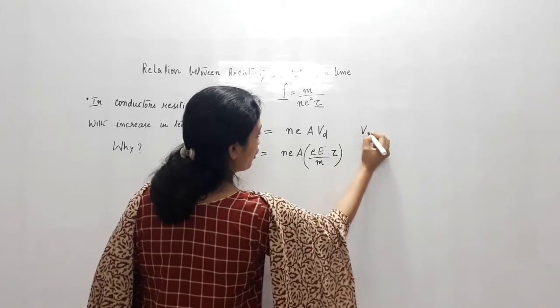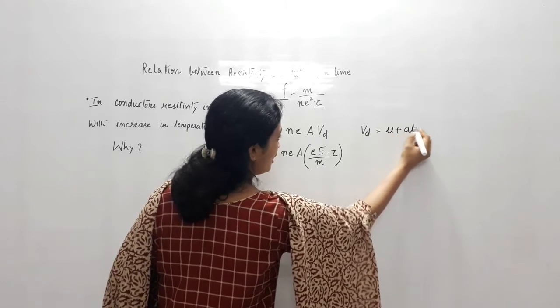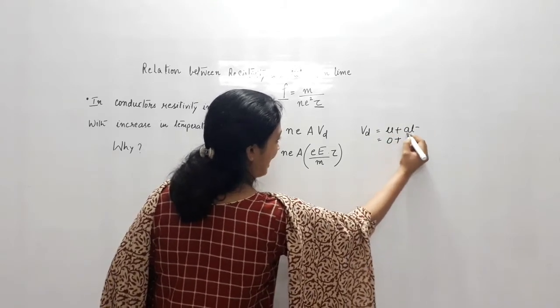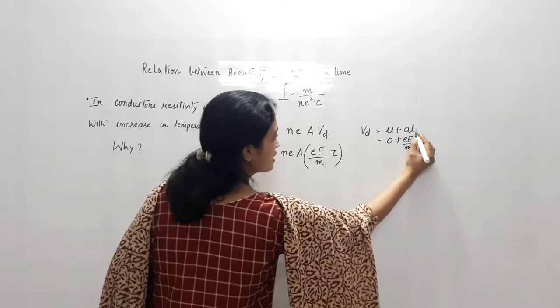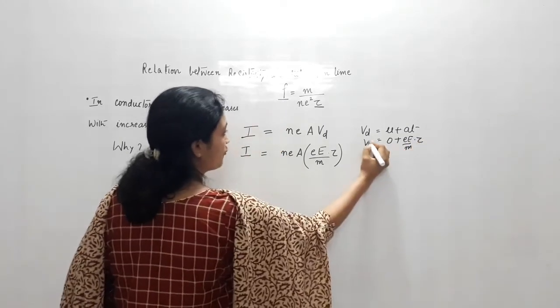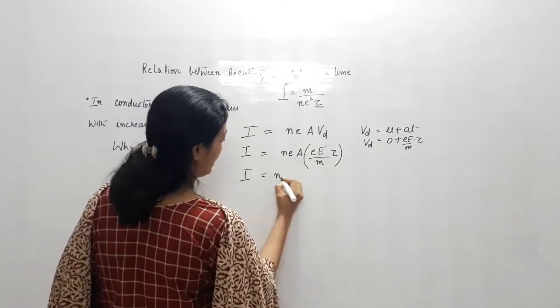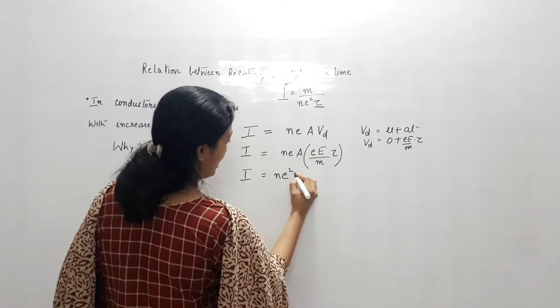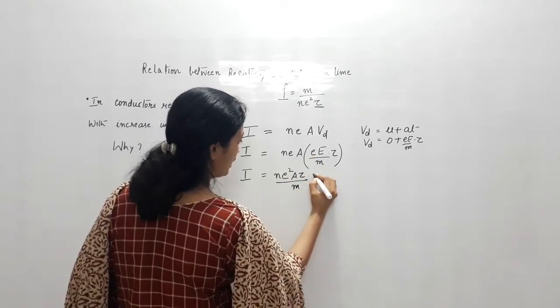Remember, we got it from v equal to u plus at. For this, u is 0, acceleration is eE by m, that is force by mass, and time is the relaxation time. From there we got this relation. So we are getting I equal to n e square A tau upon m into E.